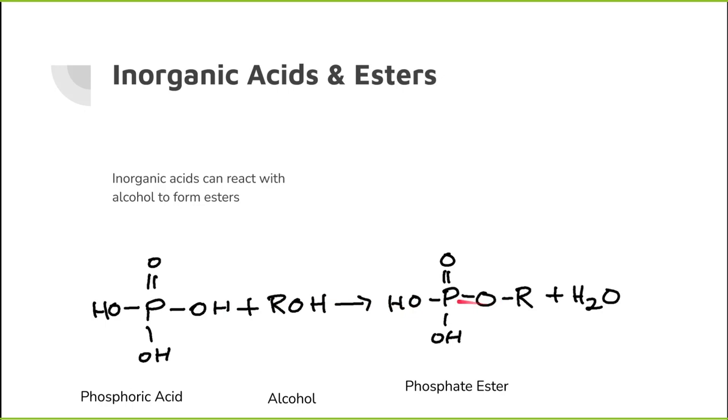So you get now what's called a phosphate ester, because this isn't a carbon here. So the phosphate becomes a phosphate ester. And phosphate esters are very important in body chemistry. And then you get the H reacting with the OH in the alcohol to form your H2O.